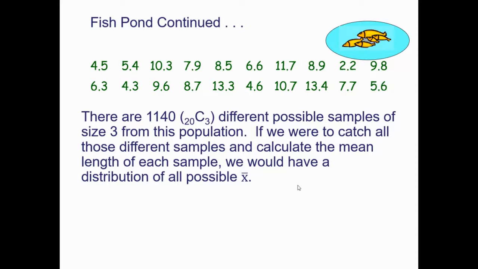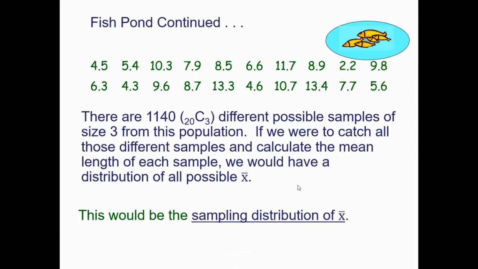So if we were to catch all those different samples, calculate the mean length of every sample, we would have a distribution of all possible X bar values. We would also be fishing for a really long time. This would be the sampling distribution of X bar. And we're going to get a little bit of practice doing that at the beginning of section 8.2. So, any questions on this example?